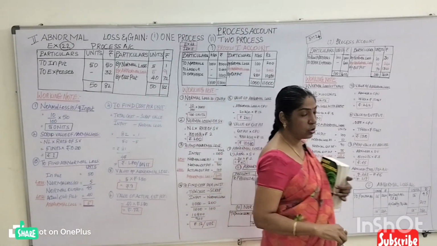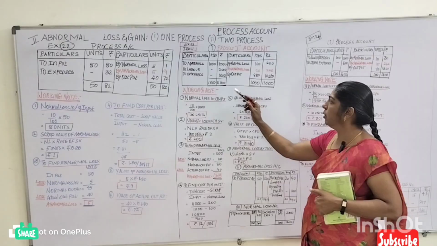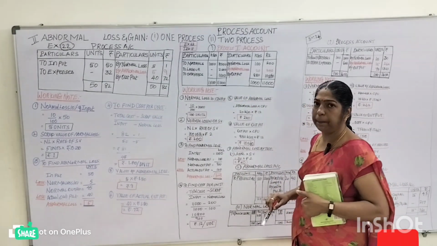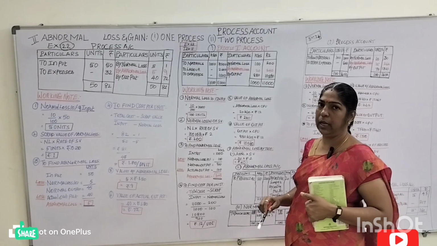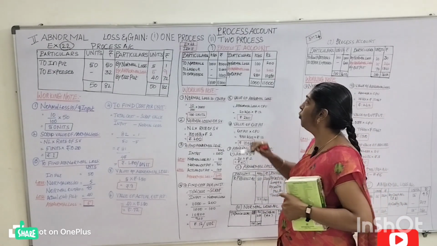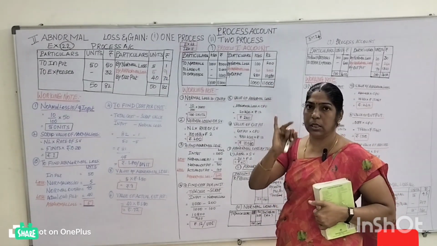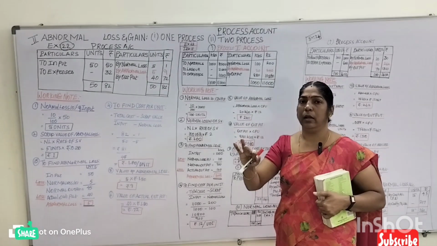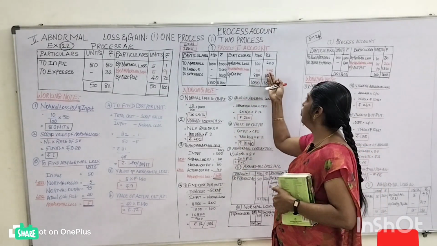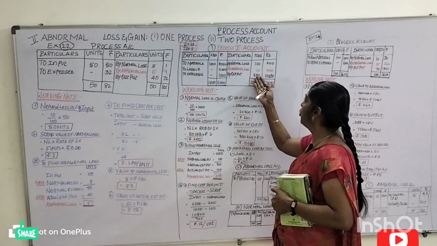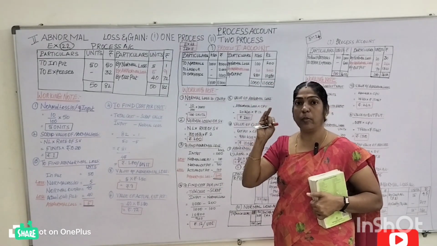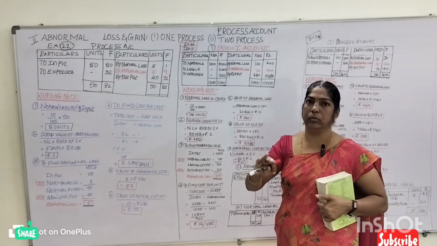At the end of process 1, you will get 11,000 rupees total cost and 1000 kgs input. Okay, now we are going to find out the normal loss, abnormal loss, their scrap value and their values, and the output values.